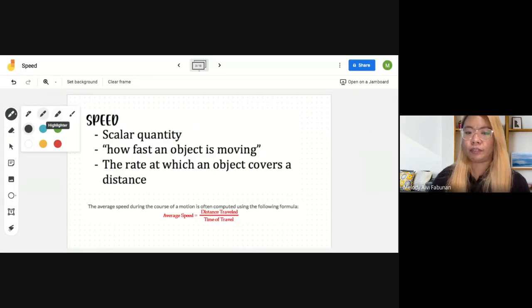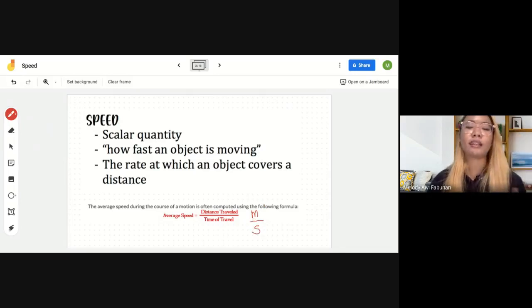Let me write this down. The distance traveled is in terms of meters, and time is in terms of seconds. The unit for distance, like we learned last week, is meters, and the unit for time is seconds. That's why the unit for speed is meter per second.